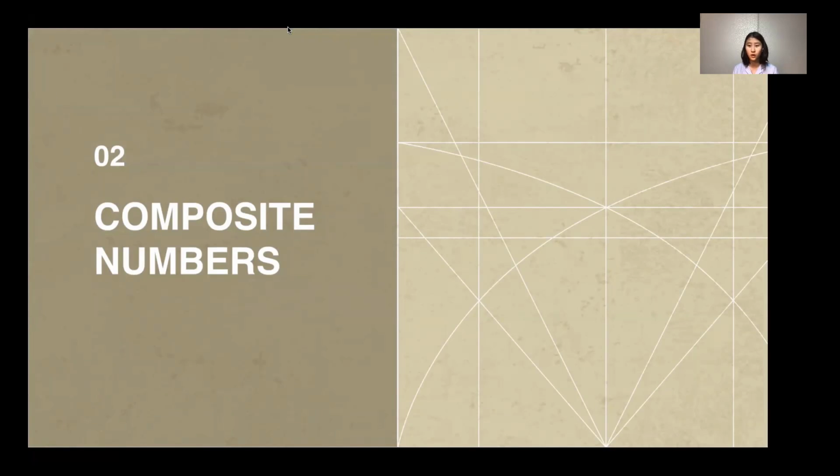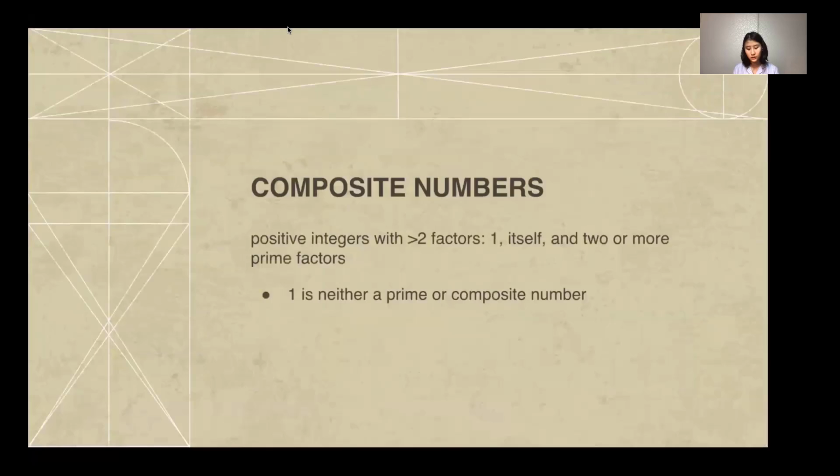And now we're going to move on to composite numbers because we have just finished looking at primes. As I have explained before, composite numbers are positive integers with more than 2 factors: 1, itself, and 2 or more prime factors. Because we've learned about the prime numbers and composite numbers, we want to categorize the number 1.